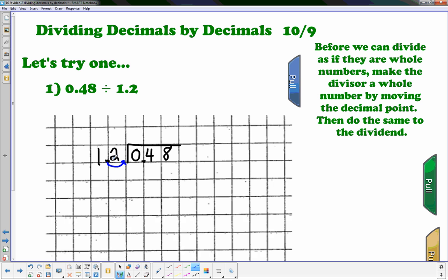So I'm going to move the decimal point 1 time. So now I'm dividing by 12. And I'm going to move the decimal 1 time here. So now I've got 4 and 8 tenths divided by 12. Well, what's 48 divided by 12? That gives me 4. 4 times 12 is 48.